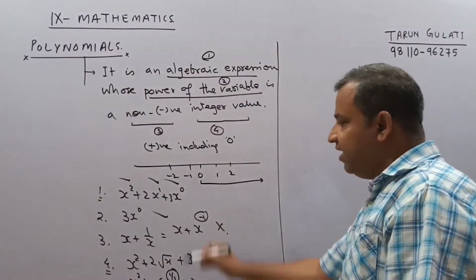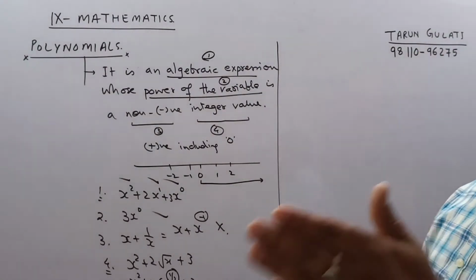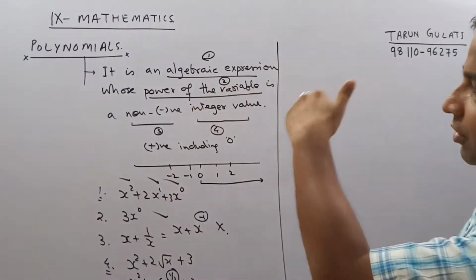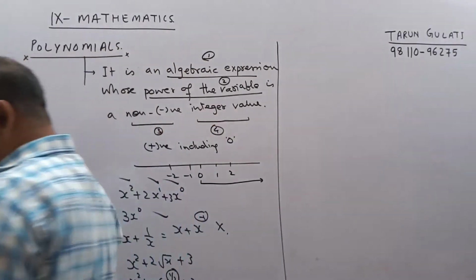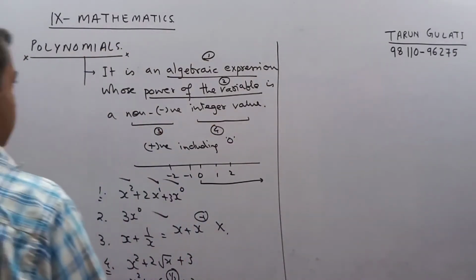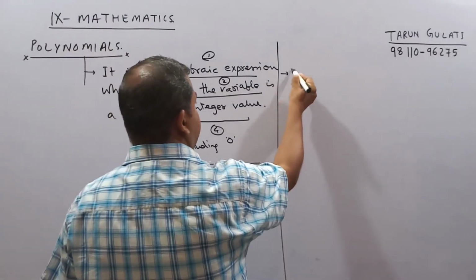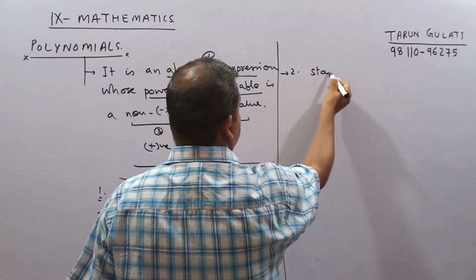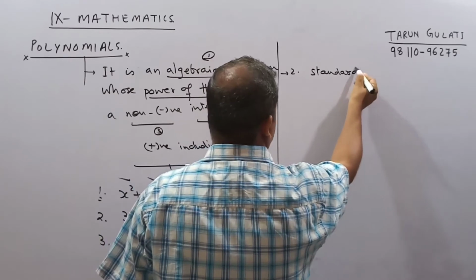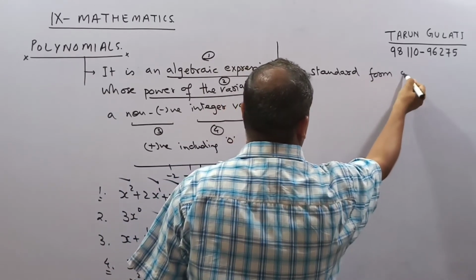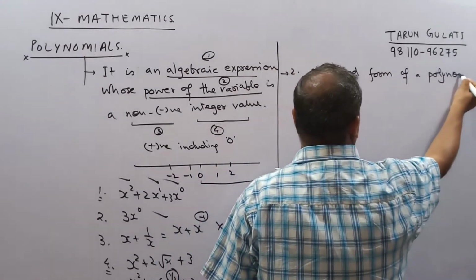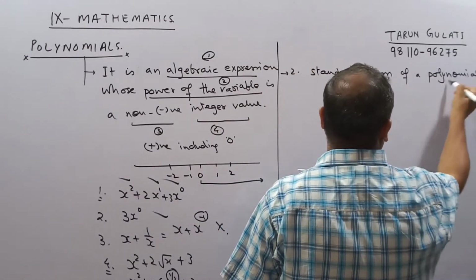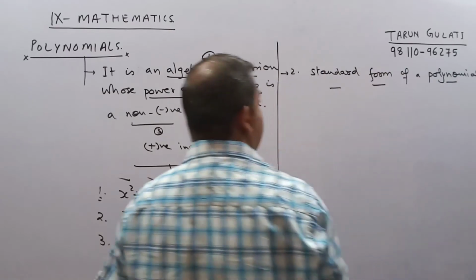How do you justify whether a given algebraic expression is a polynomial or not? In case of polynomial, first of all we have to make the definition clear. Then number 2, standard form of a polynomial. We should keep all these things in mind.